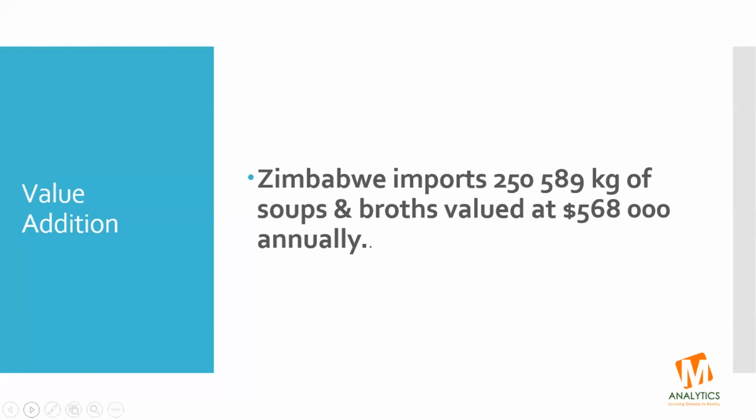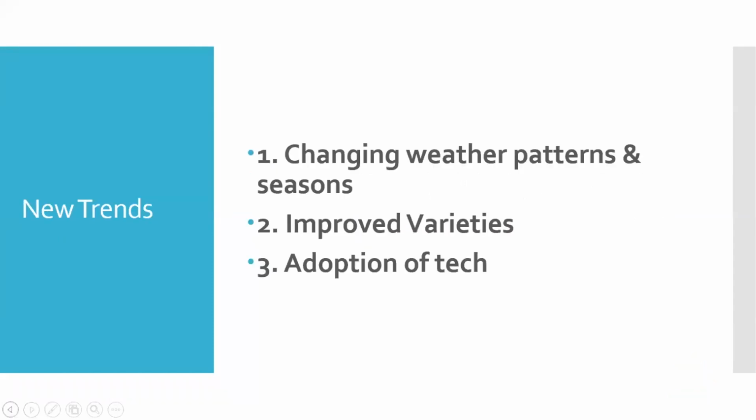So you then find out that most farmers are now able to grow tomatoes during the periods where we normally see farmers shun tomatoes, because they now have improved varieties they can grow, which means the price is now kind of flattening out and not having those spikes where we have low supply. Then there's the adoption of technology.